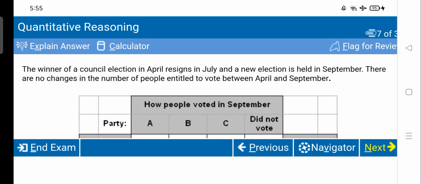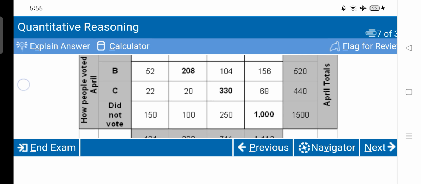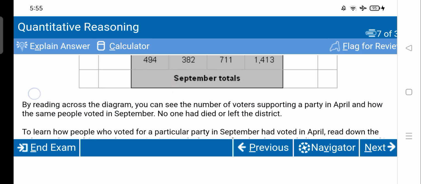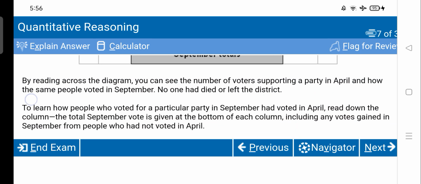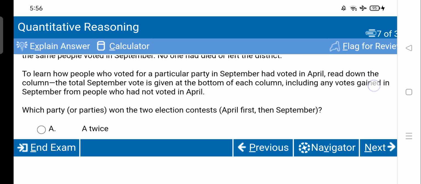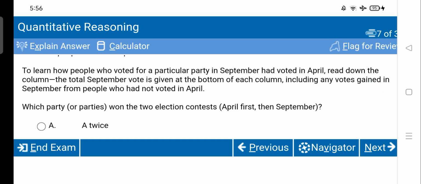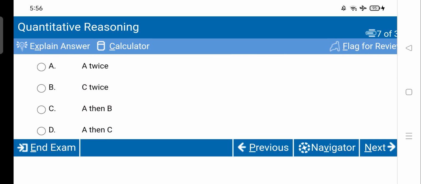Next, we have the same information given here in the data table, and the question is, which party, or you can say parties, won the two election contests, April first, then September? Option A, A twice.